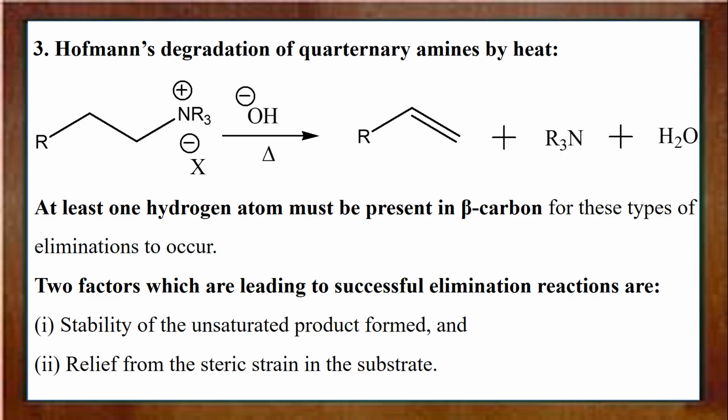Hofmann elimination is another example of beta elimination, and this is an elimination reaction taking place in a quaternary ammonium salt by heating with a base. The quaternary ammonium salt has a nitrogen connected to a carbon.